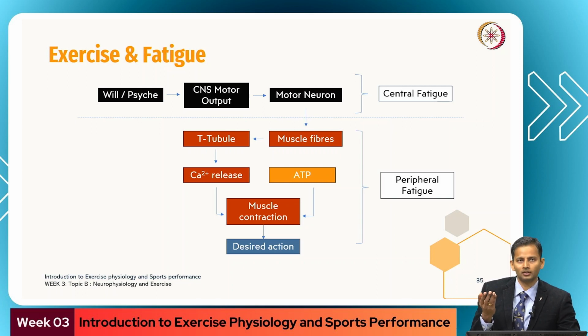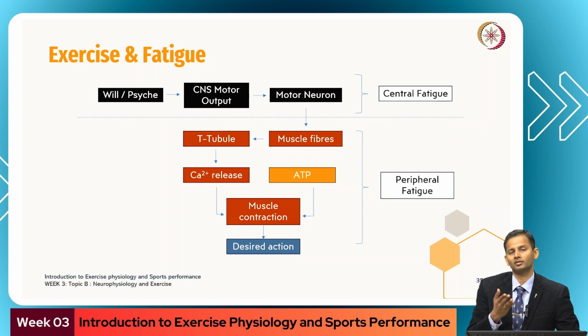Say for example, a tired individual with lack of sleep will have poor motivation to do an activity. So that itself is one of the factors. Second, if you consider peripheral factors, say ATP is not available, the adequate fuel is not there, the individual was in a fasted state and has depleted all the glycogen. So that is a state of depletion, and that would be a reason for peripheral fatigue. Thus fatigue can be divided into central fatigue and peripheral fatigue.